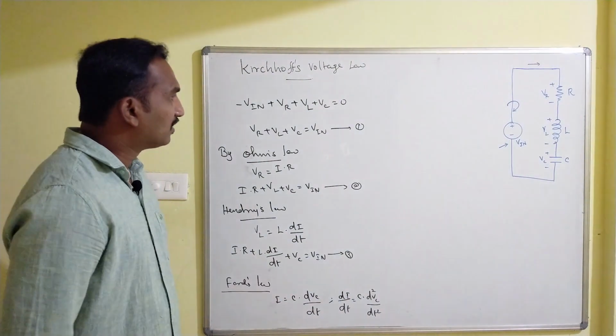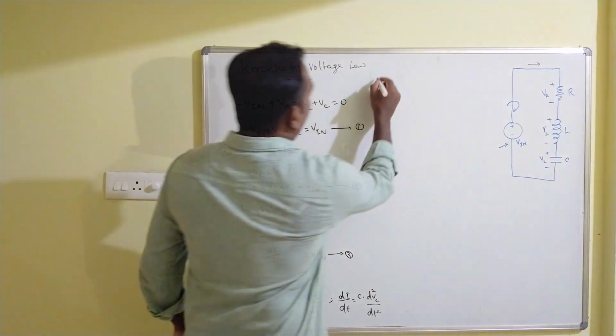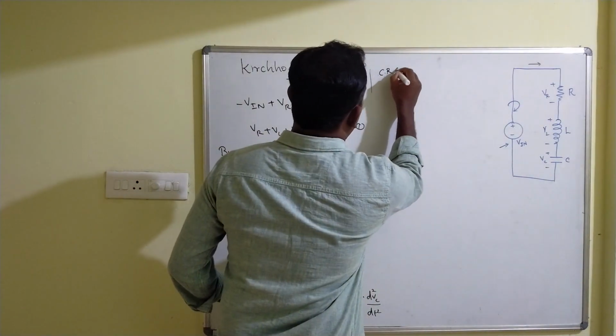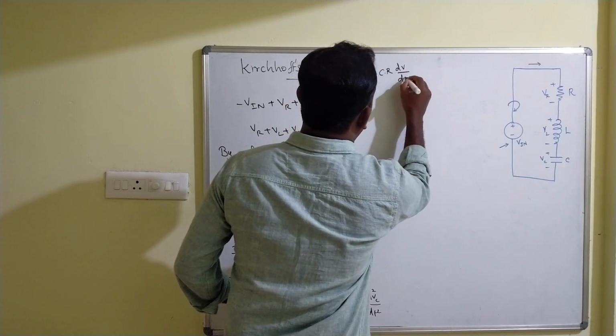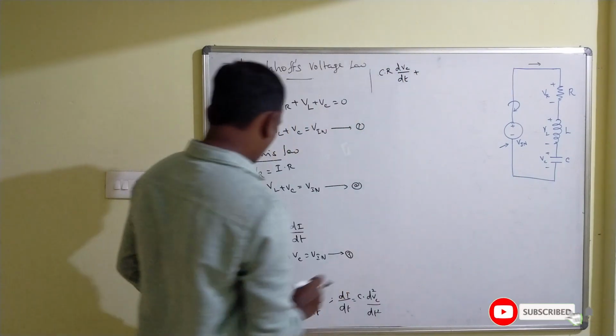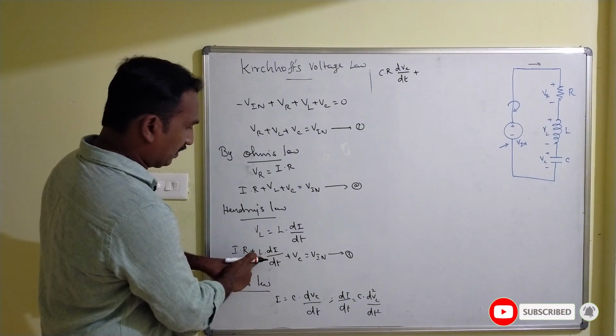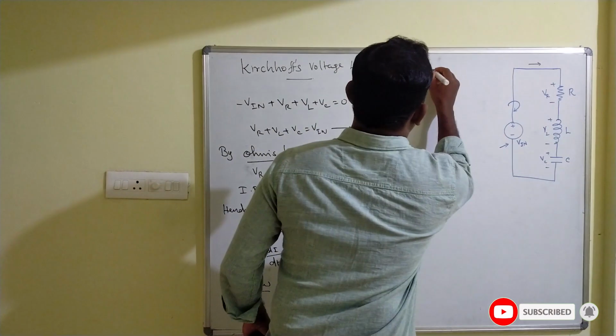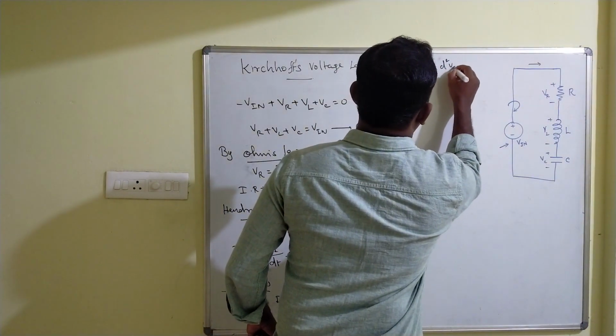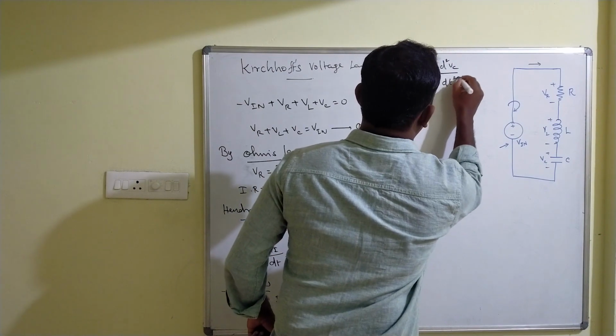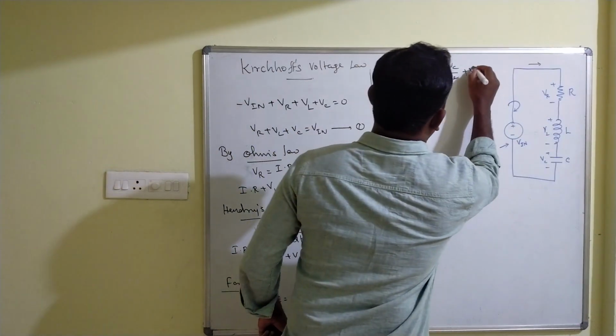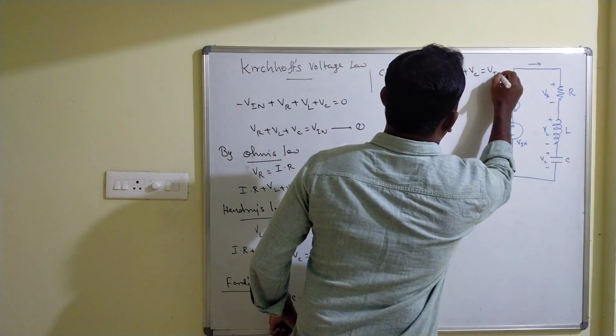Substitute these two values in the third equation. You will get CR dVc divided by dt plus LC d square Vc divided by dt square plus Vc equal to the input.